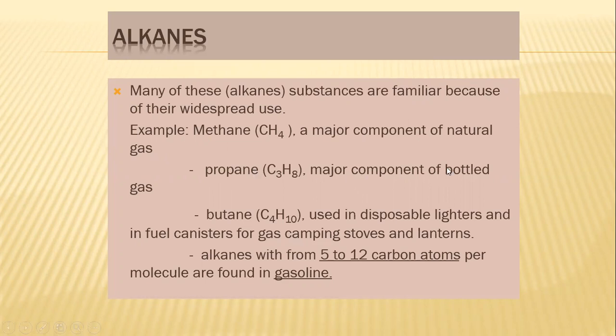Propane is a major component of bottled gas. Butane is used in disposable lighters and fuel canisters for camping stoves. The alkanes from 5 to 12 carbons, from pentane to dodecane, are the molecules found in gasoline.